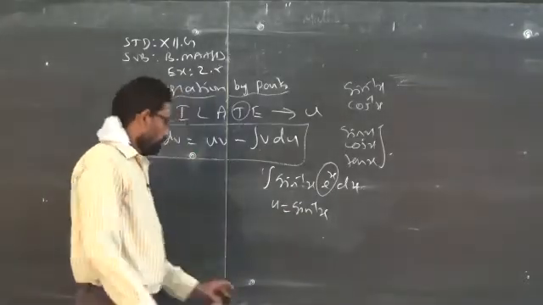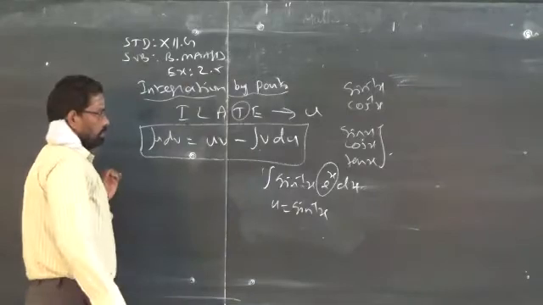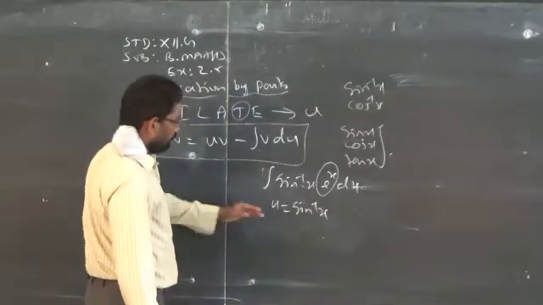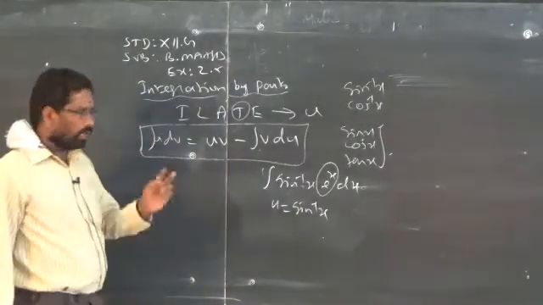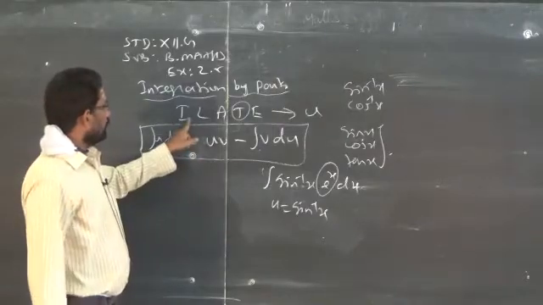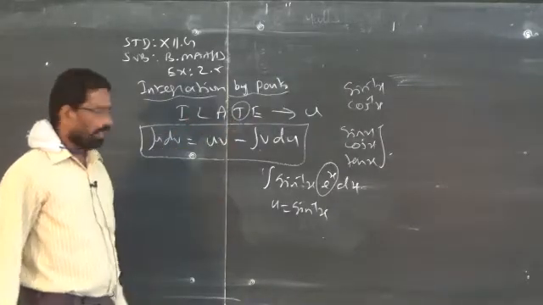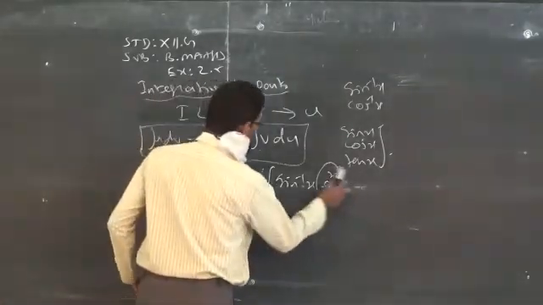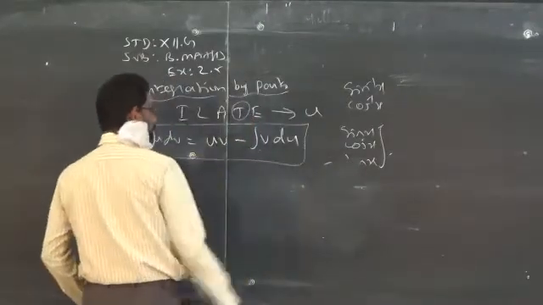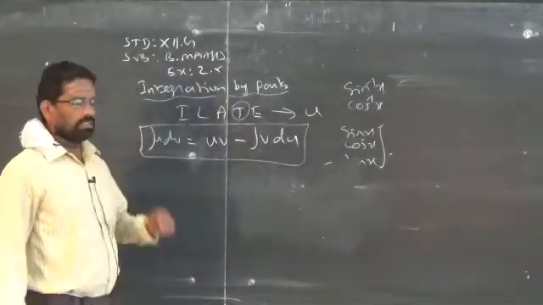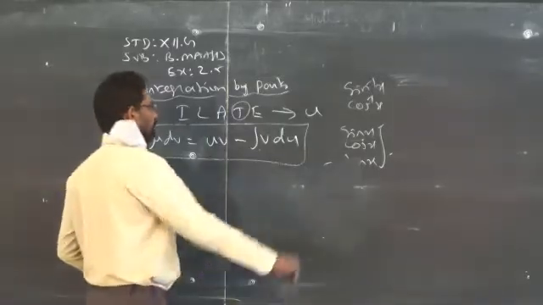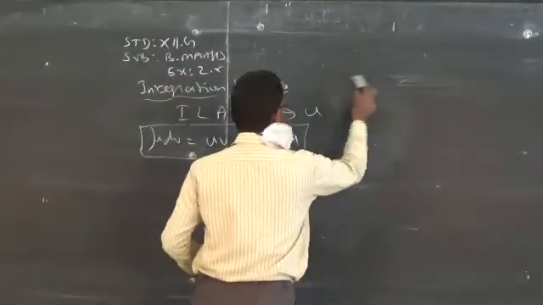Clear? So keep in your mind, the factor which cannot be integrated directly will always be considered as U. To choose U, remember ILATE. So don't confuse. A factor which does not have a direct formula is always considered as U.